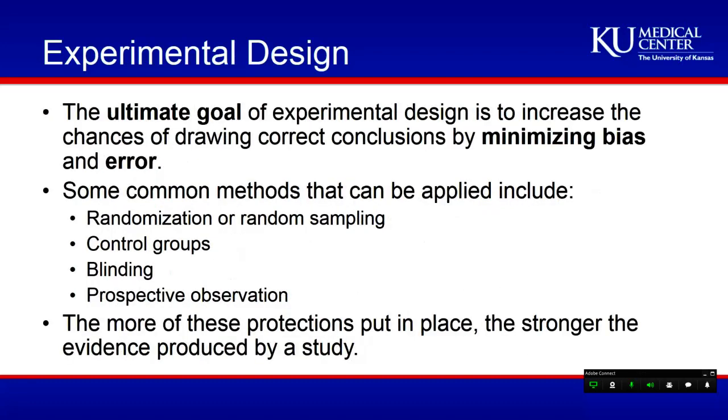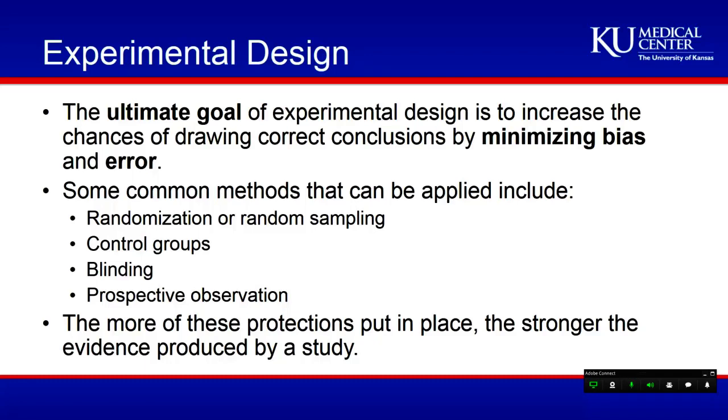But the ultimate goal of designing an experiment is to increase our chances of drawing correct conclusions. And the way we do that is we minimize bias, minimize sources of bias, minimize their impact on the look at the relationship between exposure and outcome. And we also minimize error. Error is just any unexplained variability in the outcome that might mask any true signal.